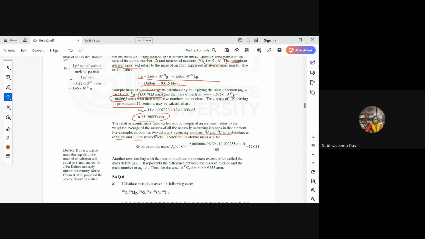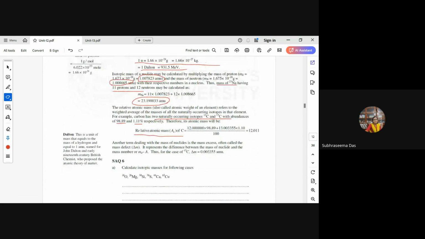Therefore, the relative atomic mass, that is AR, of carbon is given as 12 into 98.89% plus 13 into 1.11%, and the average gives 12.011.